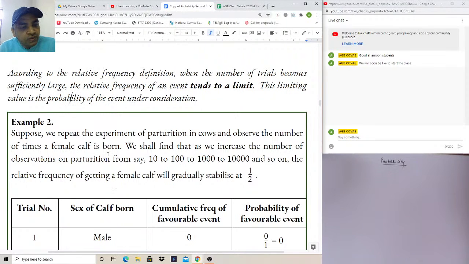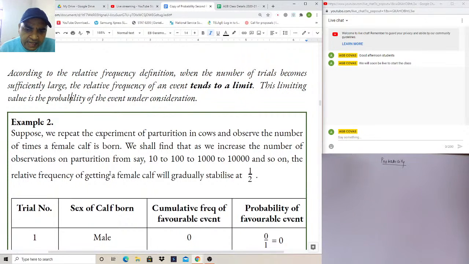Suppose we repeat the experiment of parturition in cows and observe the number of times a female calf is born. As we all know, the probability of getting a male or a female calf is 0.5 or 1 by 2. So let us conduct this trial and see what probability we get.